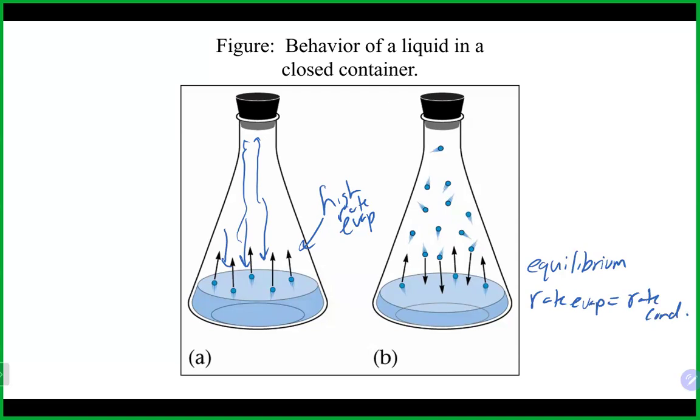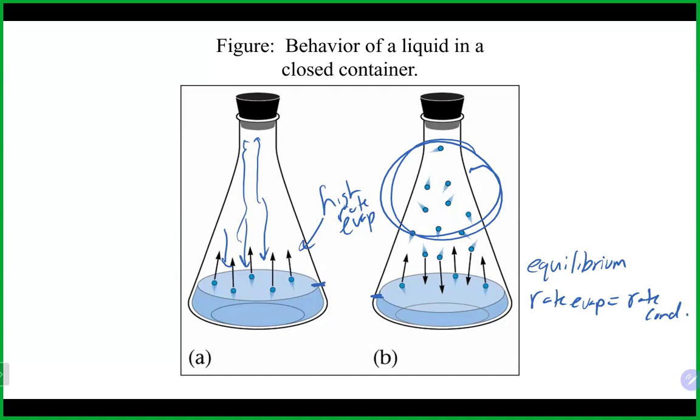And if you really look at the level of liquid in the container right after you put it in, and after it reaches equilibrium, you'll usually see a decrease in the volume of the liquid. That is because a lot of those liquid guys are now up here in the gas phase above the liquid. And that would be where we have our vapor pressure, right? All those gas molecules above the liquid flying around and banging around will cause our vapor pressure.